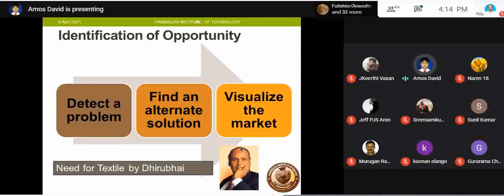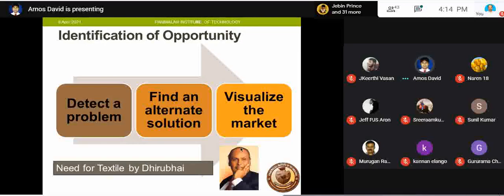So what they basically did was they didn't manufacture the textile in the beginning. What they found out was that in the villages there was huge production of textiles, hand woven textile produced by the people in the villages.